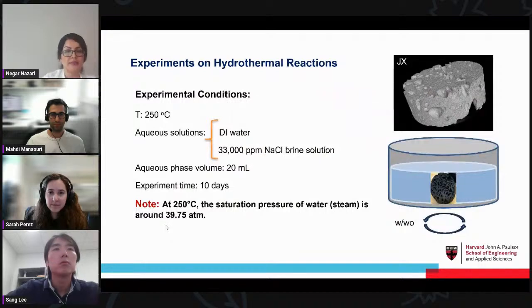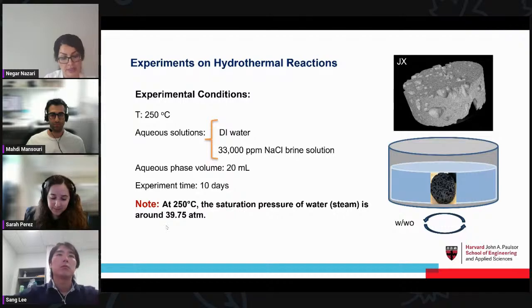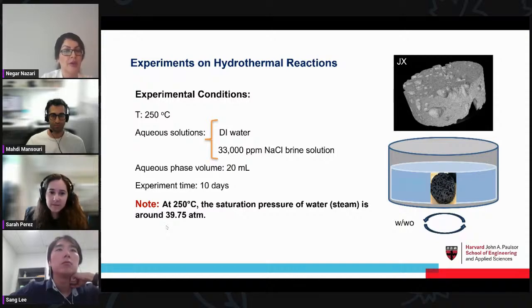In order to check these hydrothermal reactions and how they work, we conducted some experiments in the lab. In our experiments, we looked at different samples of basalt and put them under hydrothermal, high-temperature conditions in reaction with different water compositions. We increased the temperature to 250 C. The solutions we reacted the rock with are DI water and brine.